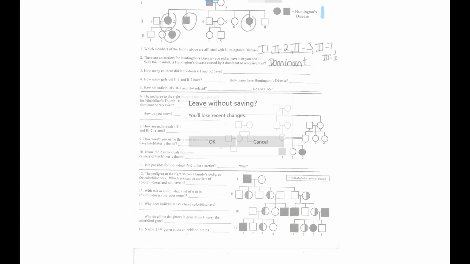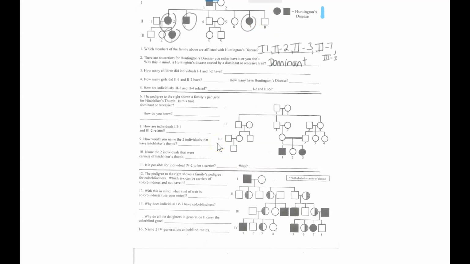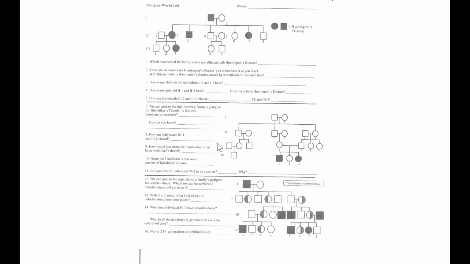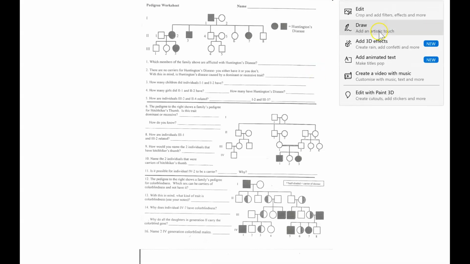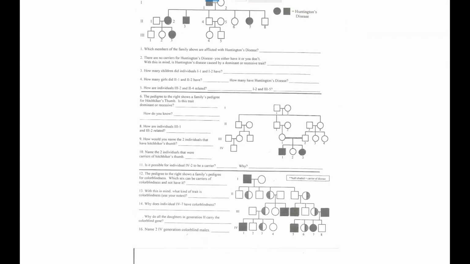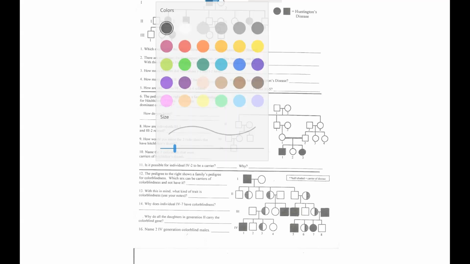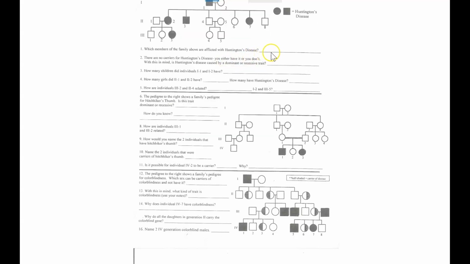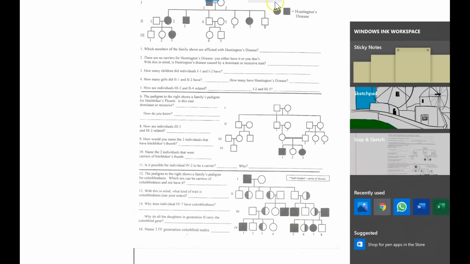Let me see if I can redo it. My goodness, this is so difficult.